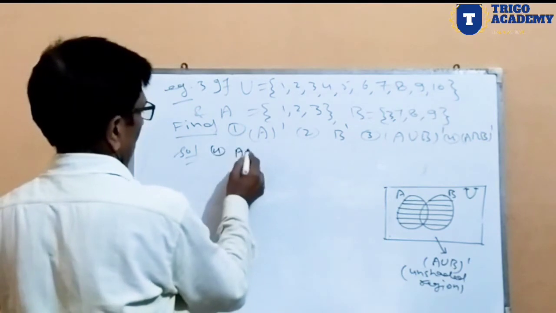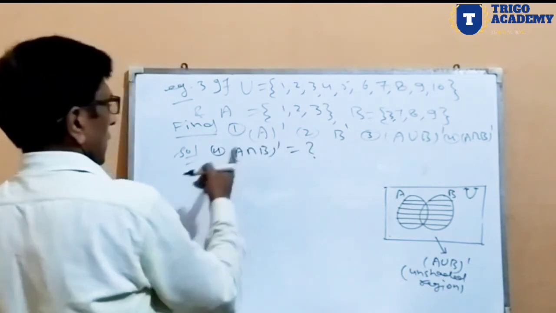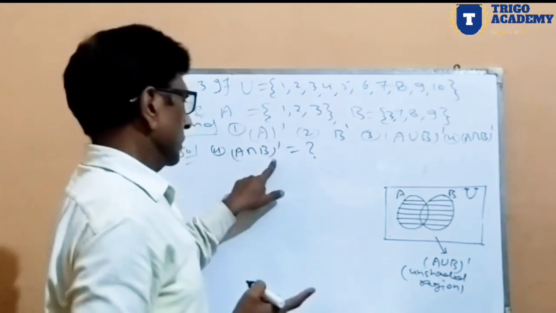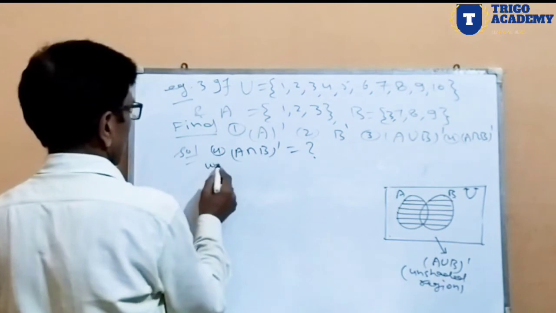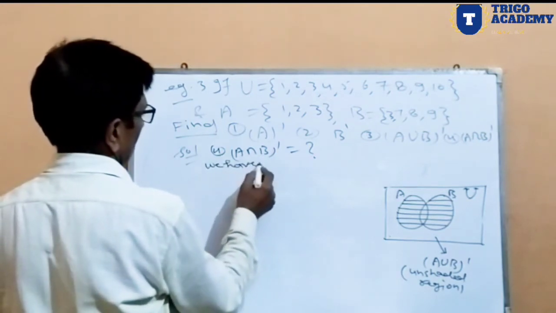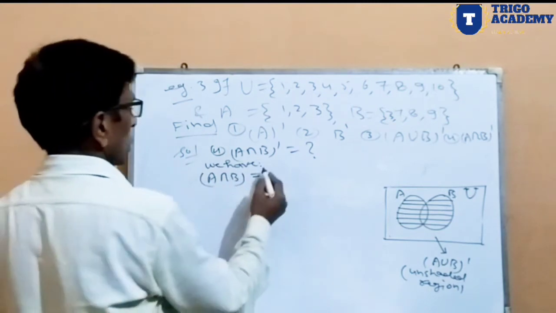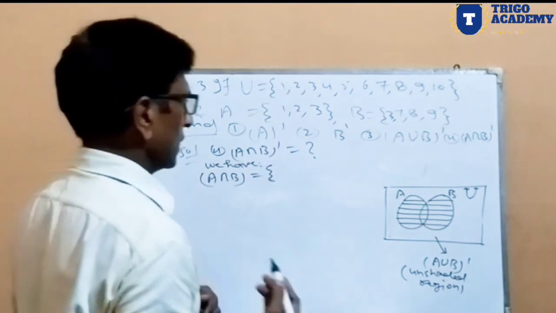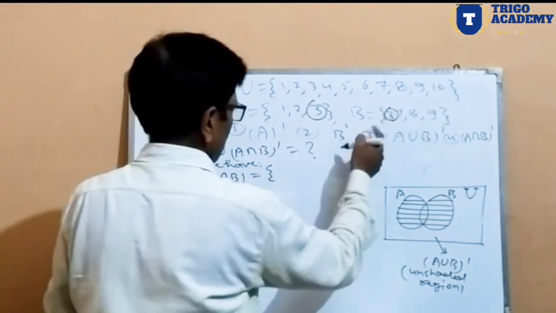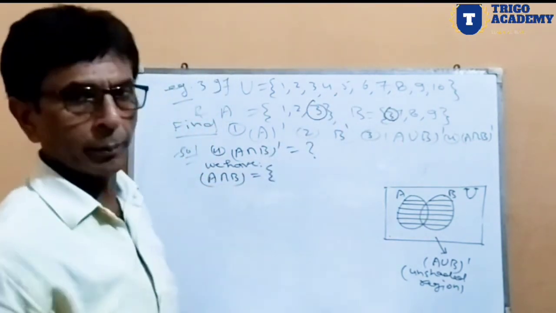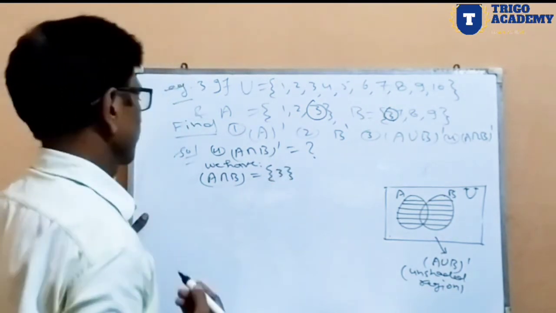For (A intersection B)', we have to find this. So before finding this, first we find A intersection B. The common elements of A and B: here the only common element is 3. Only 3.